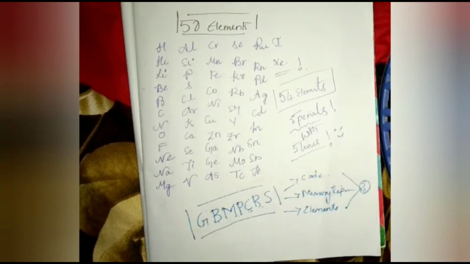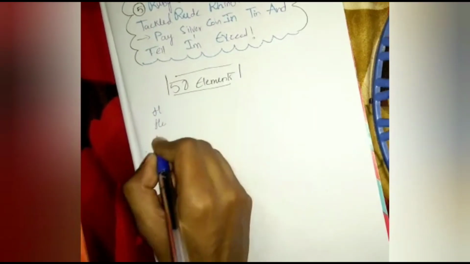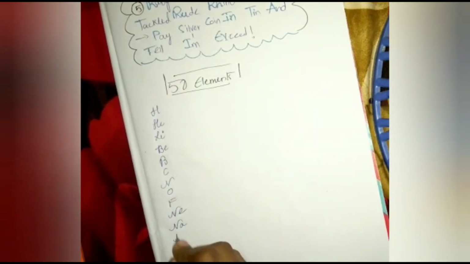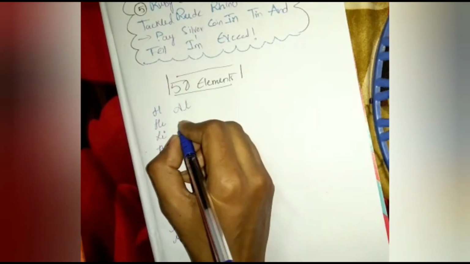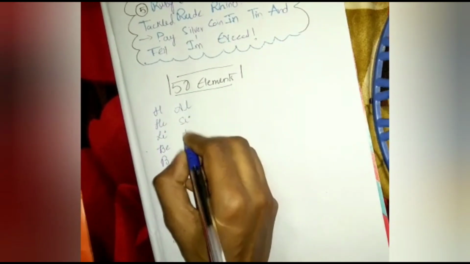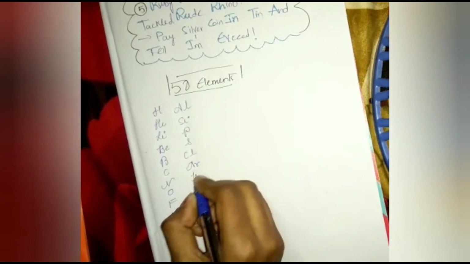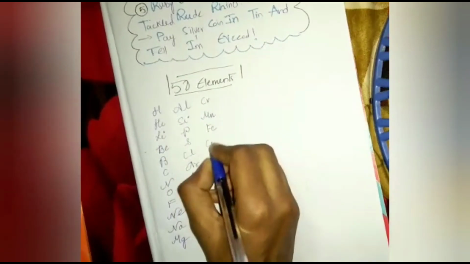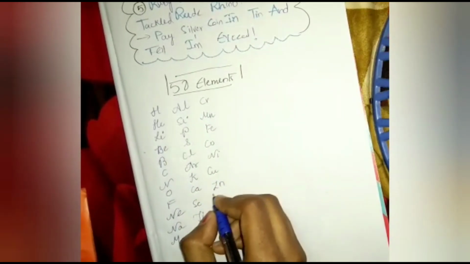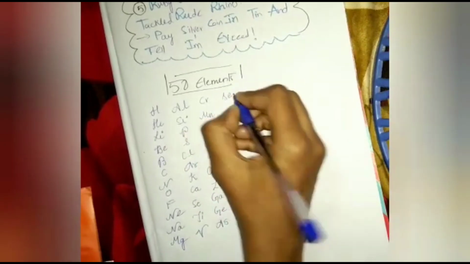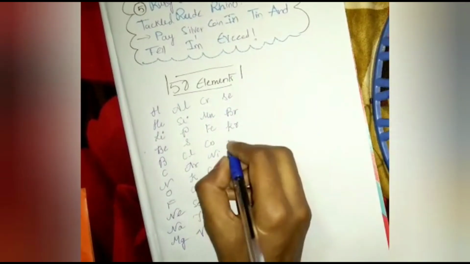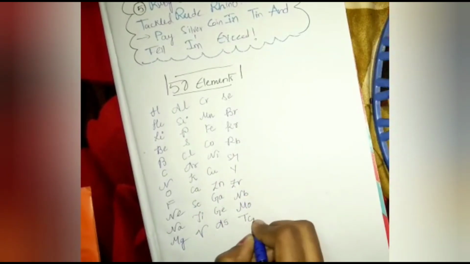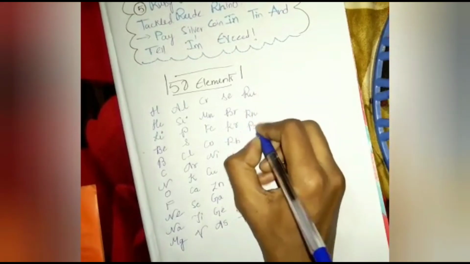These are hydrogen, helium, lithium, beryllium, boron, carbon, nitrogen, oxygen, fluorine, neon, sodium, magnesium, aluminium, silicon, phosphorus, sulfur, chlorine, argon, potassium, calcium, scandium, titanium, vanadium, chromium, manganese, iron, cobalt, nickel, copper, zinc, gallium, germanium, arsenic, selenium, bromine, krypton, rubidium, strontium, yttrium, zirconium, niobium, molybdenum, technetium, ruthenium, rhodium, palladium, silver, cadmium, indium, tin, antimony, tellurium, iodine, xenon. So these are the 54 elements.